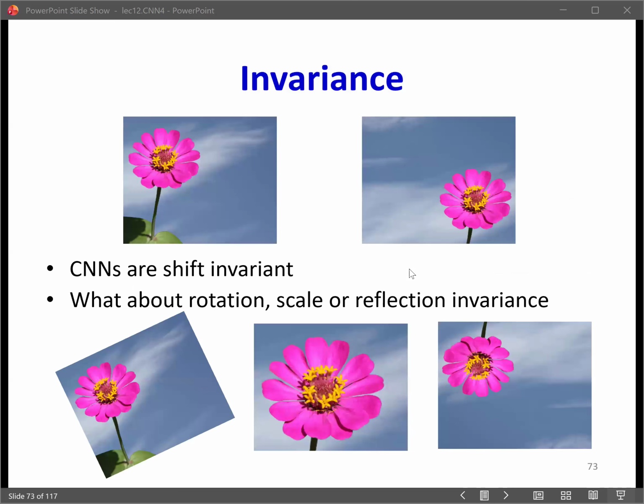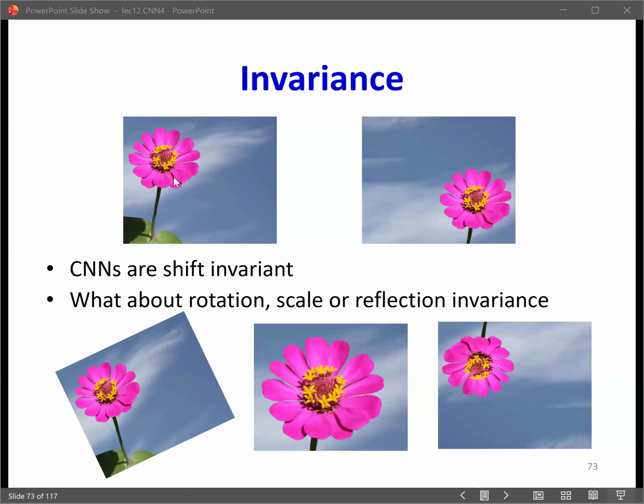CNNs are shift invariant. We started off saying we want the network to fire regardless of the location of the flower. So we created this entire theory and a lot of pretty algorithms to construct and train networks that could detect, for instance, that both of these pictures have a flower.